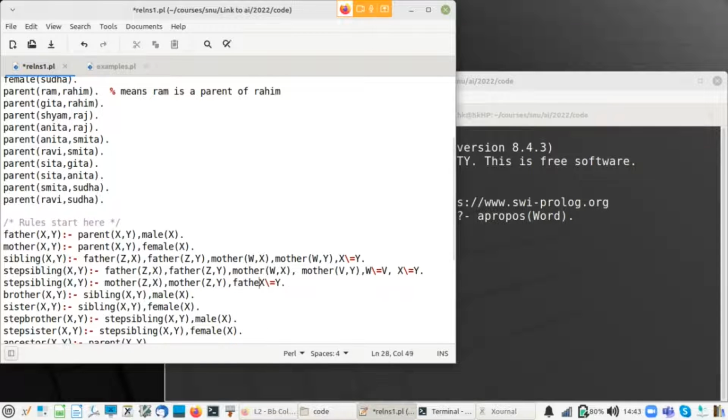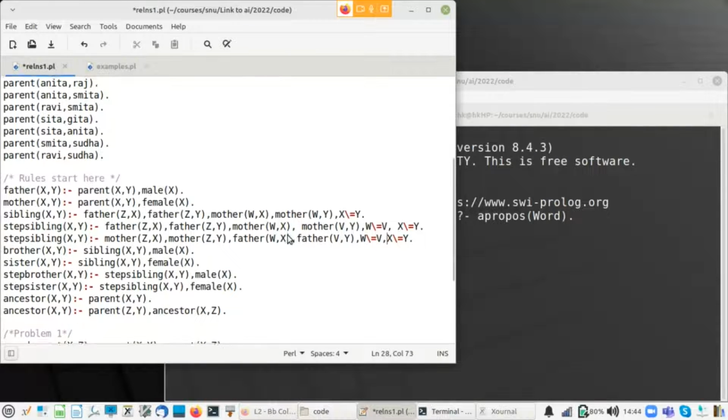So I'll say father W of X, father V of Y, and W is not equal to V and X is not equal to Y. Yes, this would be more accurate, but what I did earlier would work in most cases because of something that we'll see later.